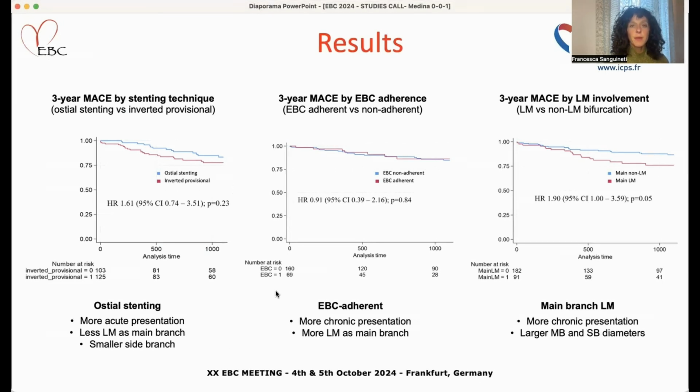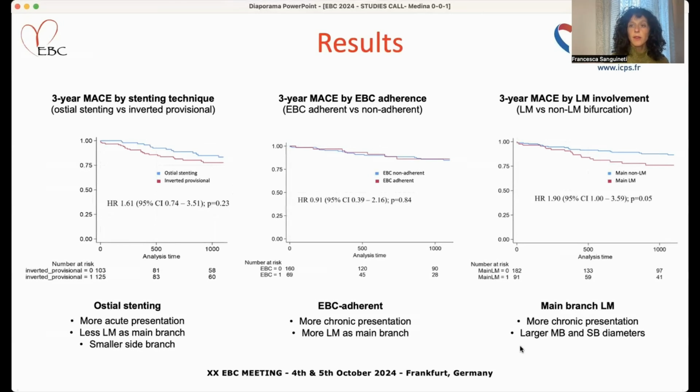Comparing the EBC adherence, we didn't find differences in MACE at 3 years, but we could appreciate that the EBC recommendations were very well applied and respected when the bifurcation involved the left main, and of course when the clinical presentation was chronic.